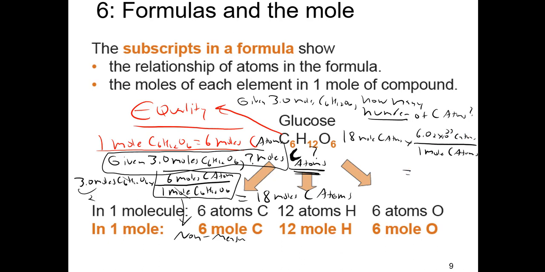So using my calculator, the answer is 1.1 times 10 to the 23rd carbon atoms. So I broke this up into 2 separate calculations. You can do it that way, or you can just write it as one main calculation.